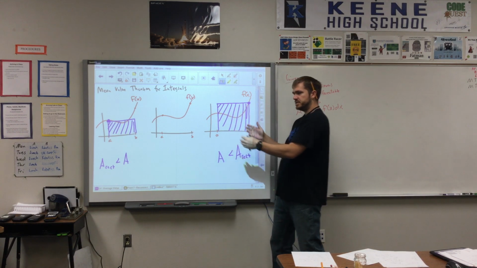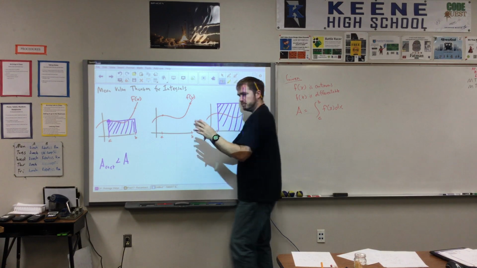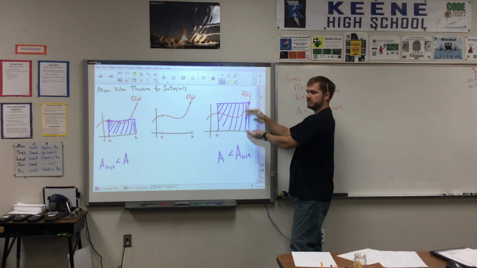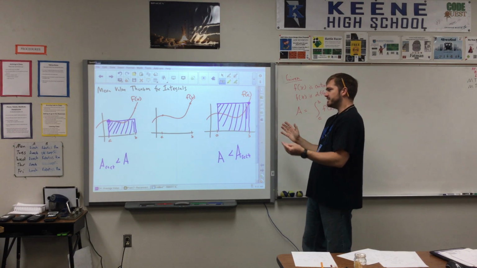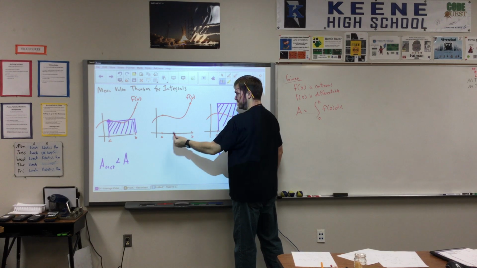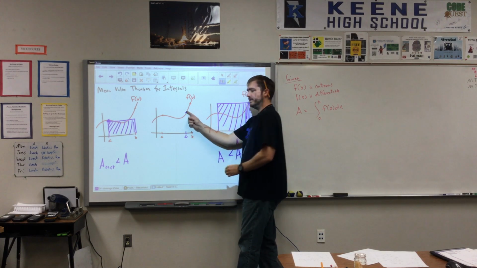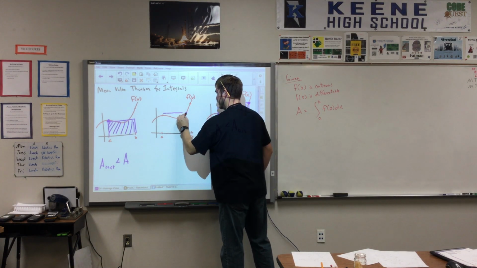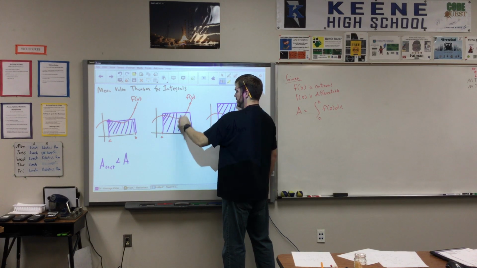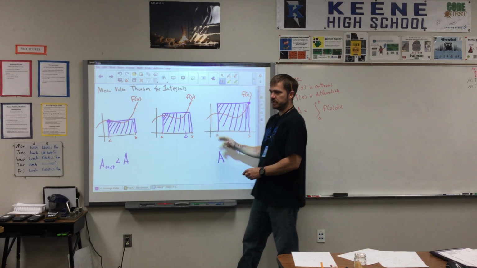Now, since my function is continuous and differentiable, if this one with choosing F of A is an underestimate, and this point up here for approximating the area is F of B, and that's an overestimate, doesn't it kind of make sense that there must be some point in between A and B, we'll call it C, such that if I go up to that point on the function, that would be an exact match for the area under the curve.